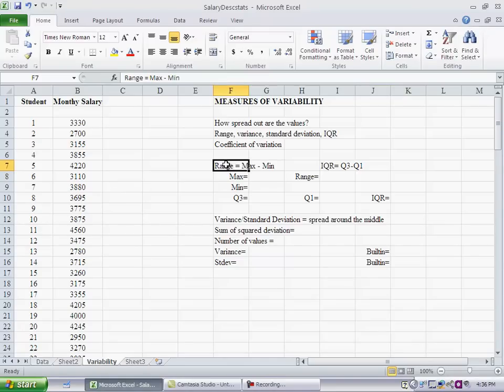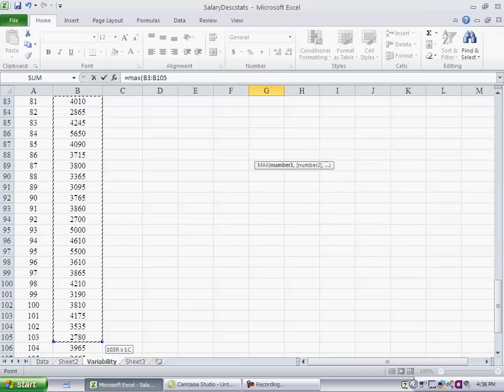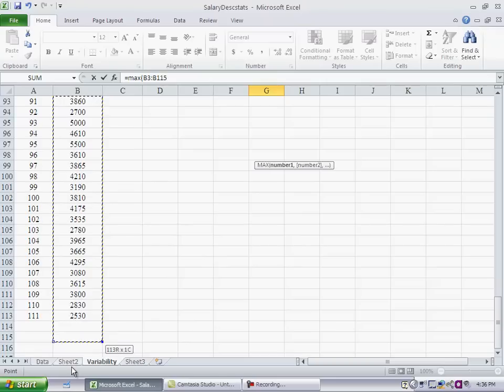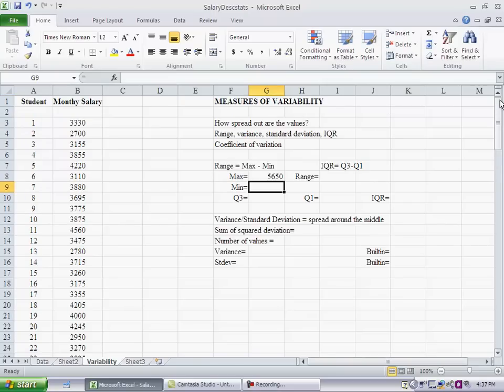So, in our case, let's do the calculation. The maximum value that we have, again, this is the monthly salaries for 111 students. The built-in function for maximum is max, and we'll compute the maximum salary for the 111 students, so $5,650.